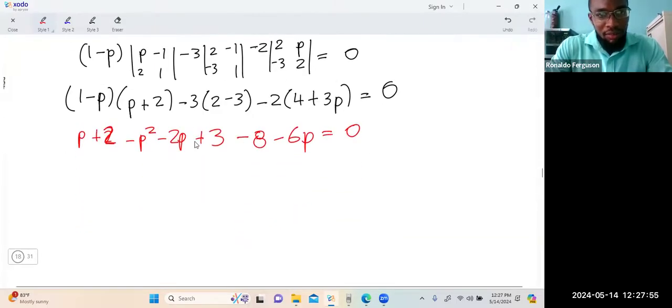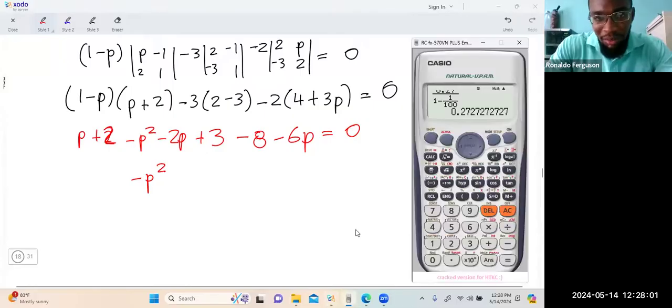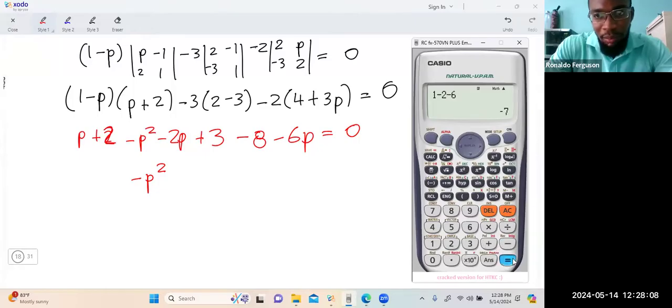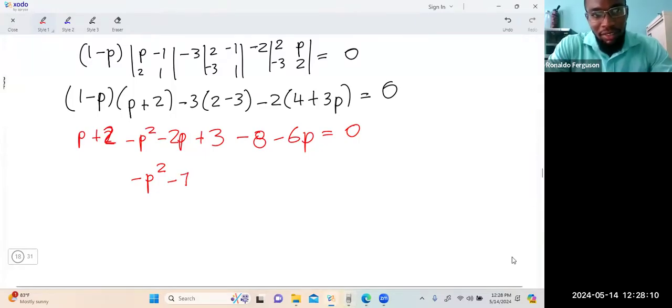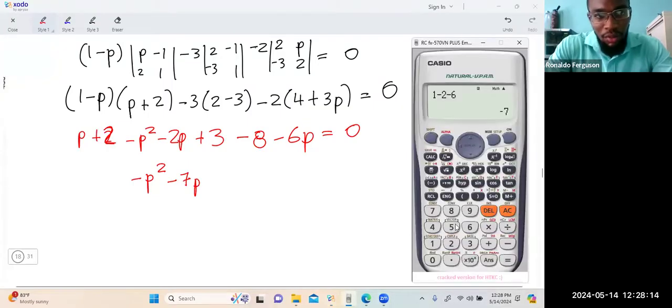Simplifying, we have minus p squared. Oh, can't take the whole heap of negatives, guys. 1p minus 2p minus 6p, that's minus 7p. Then checking with the numbers, we notice we have 2 plus 3 minus 8.